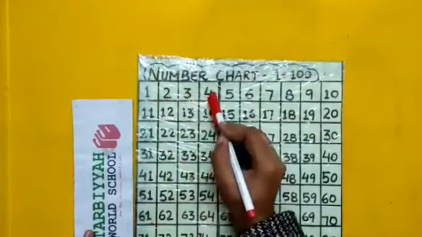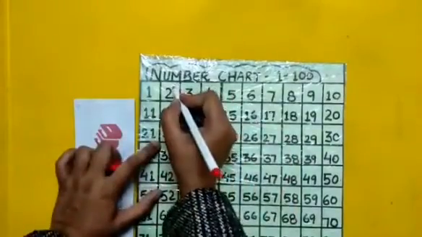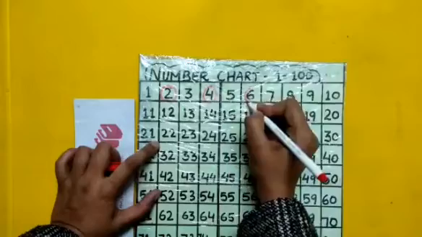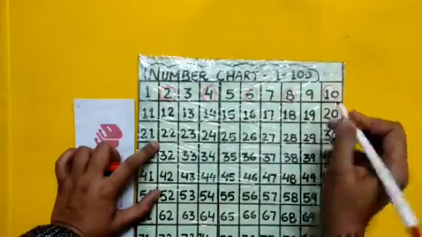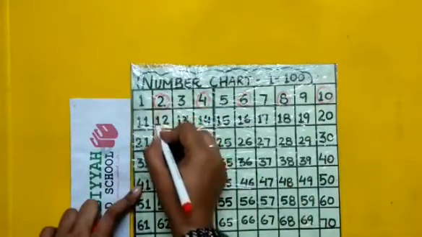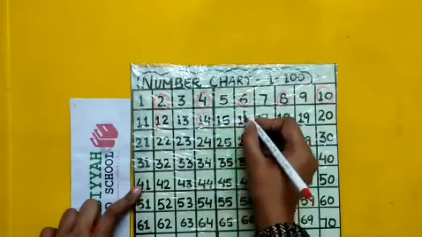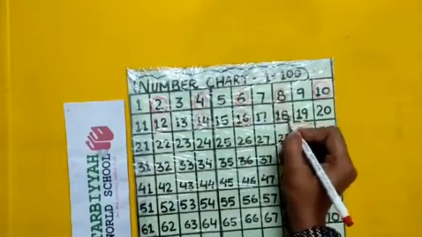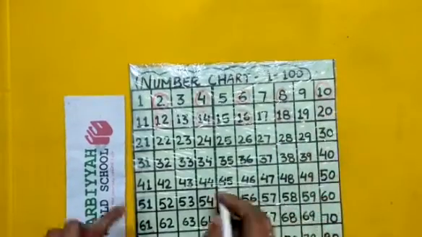Leave 3, 4. Now we circle the numbers 2, 4, 6, 8 and 10. 11, leave 11, 12, leave 13, 14, leave 15, 16, leave 17, 18, leave 19 and 20.